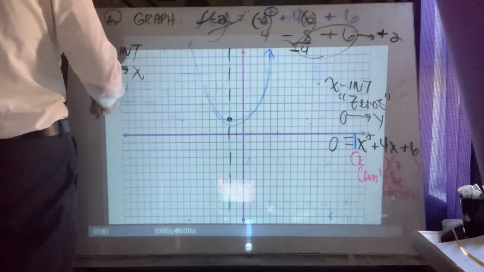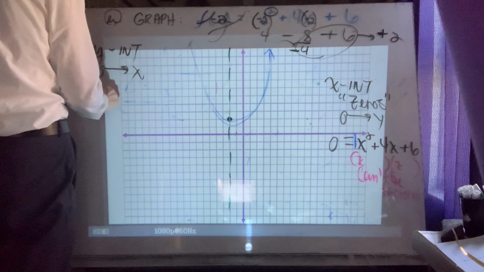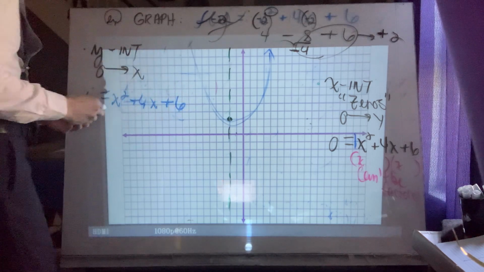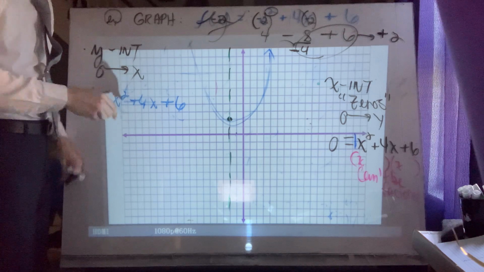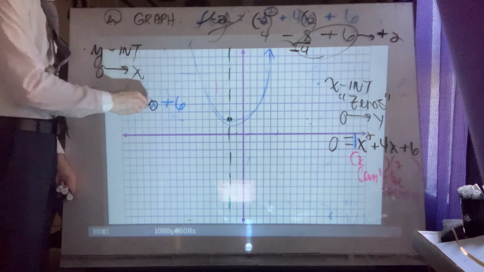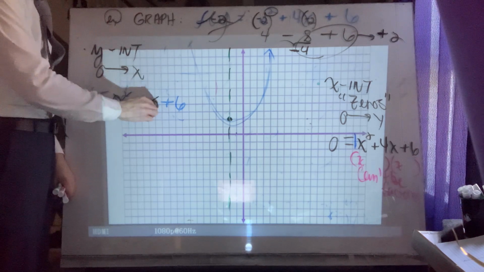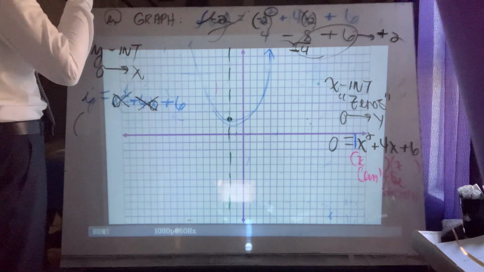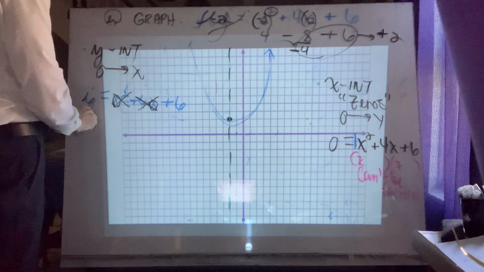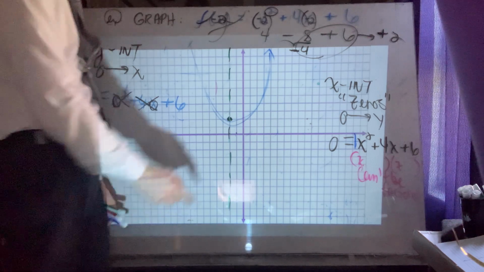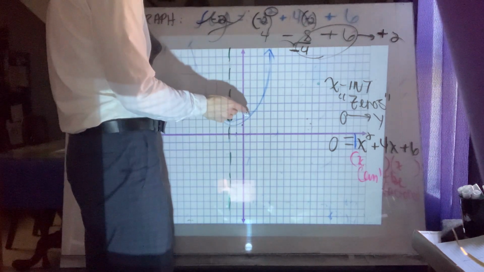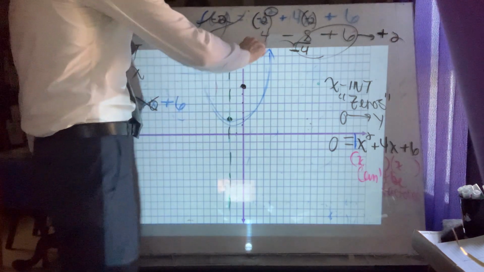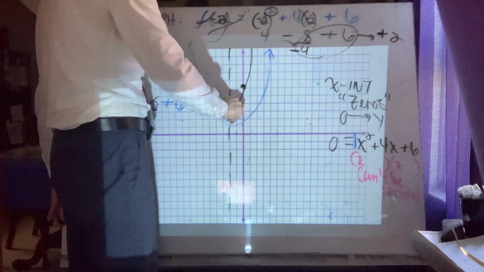If y is equal to x squared plus 4x plus 6, and you put a 0 intentionally here and a 0 here, that term goes away, and you're just left with 6, which means the location of the y-intercept would be (0, 6). 0, up 6: 1, 2, 3, 4, 5, 6. You'd have a dot here, and you'd have this much of the graph.